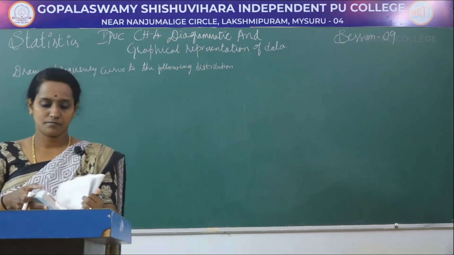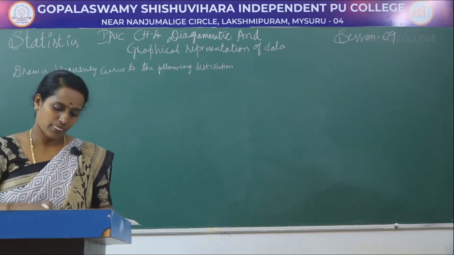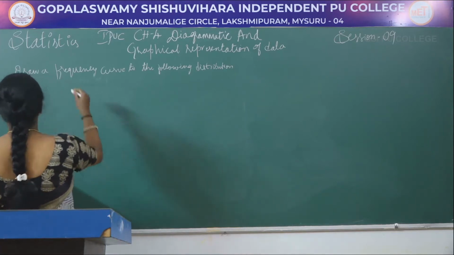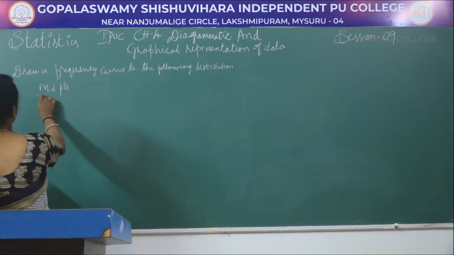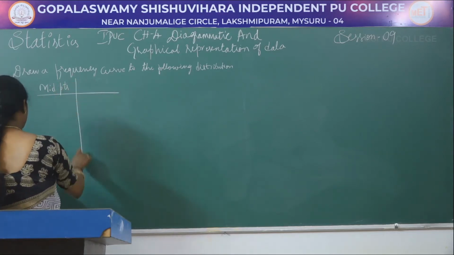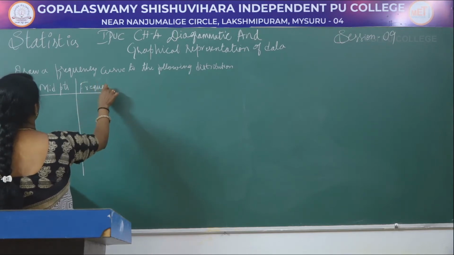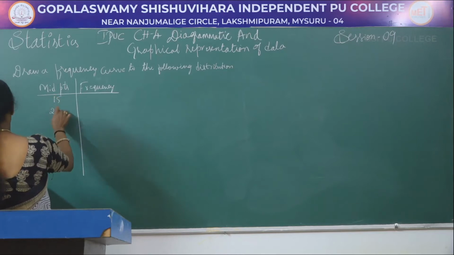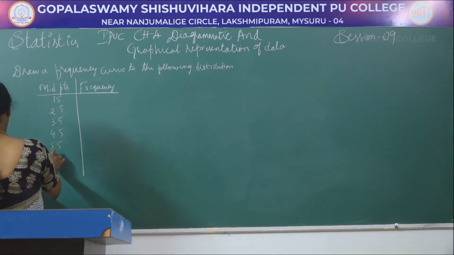Next one. Draw frequency curve to the following frequency distribution. Here they have given the midpoints. Frequency. It is 15, 25, 35, 45, 55, 65, 75.